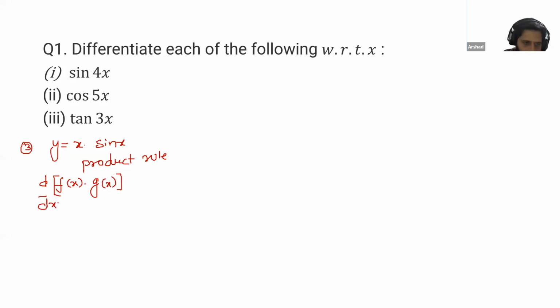Yes, that's correct. If you have two functions, in place of this word you can write UV, it's your wish. So if you have two functions, then what is the formula? Write the first function as it is, differentiate the second function, plus the second function as it is, differentiate the first function.